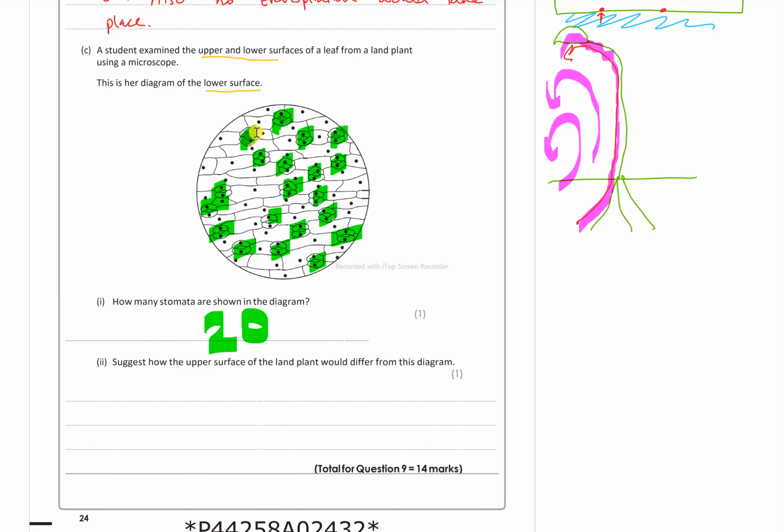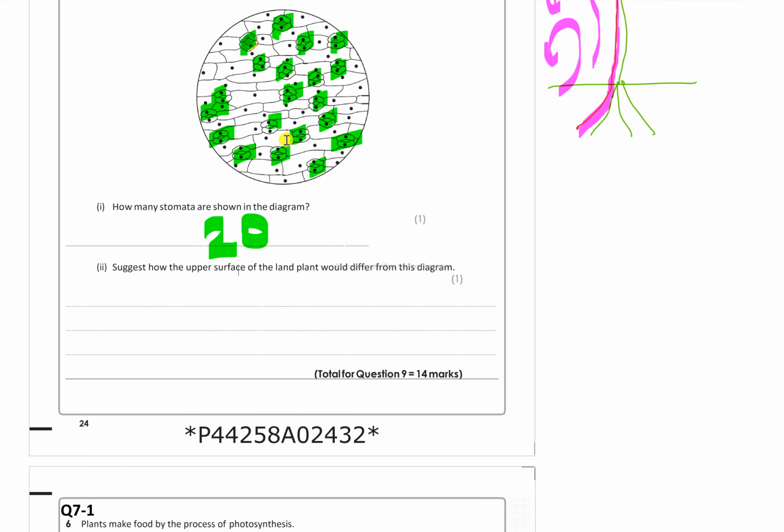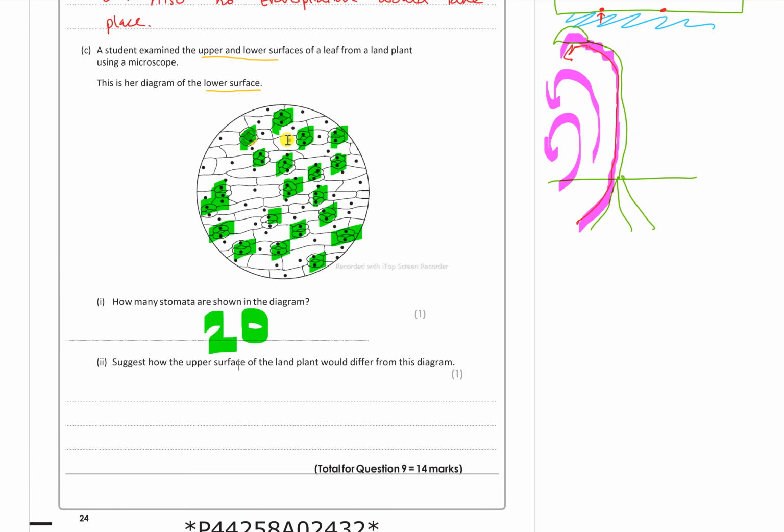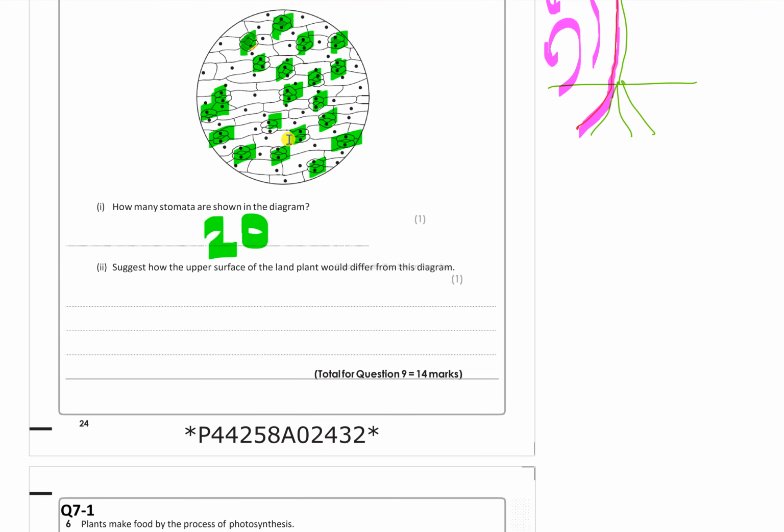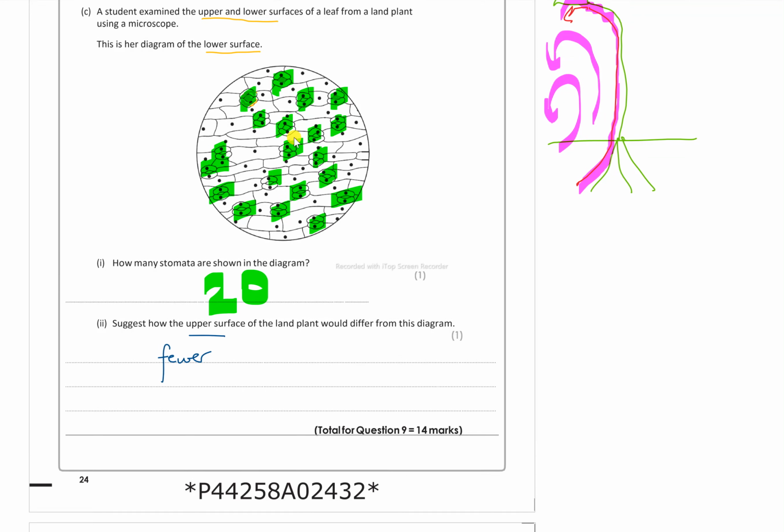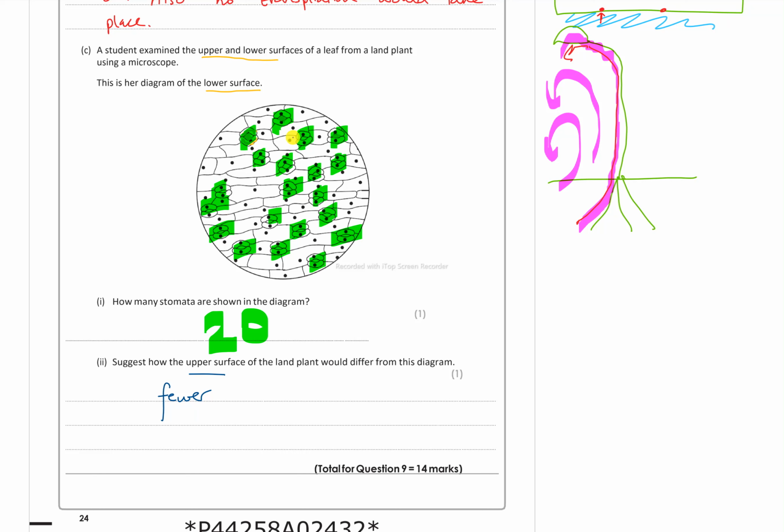Right, suggest how the upper surface of a land plant would differ from this diagram.